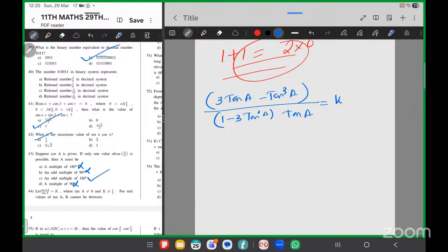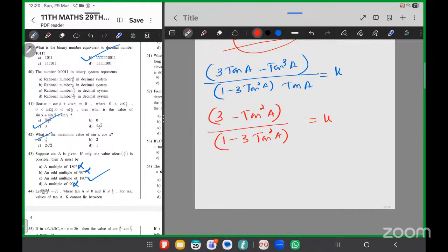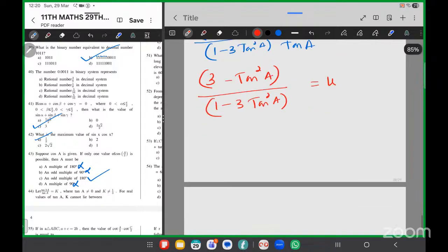So if you divide tan a from the numerator, 3 minus tan square a divided by 1 minus 3 tan square a equal to k. If you cross multiply this one, we can write 3 minus tan square a equal to k minus 3k tan square a.